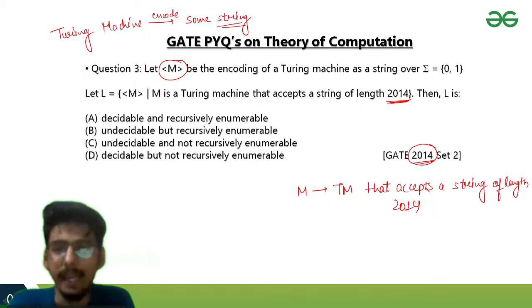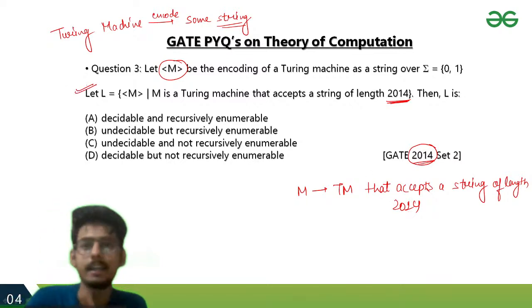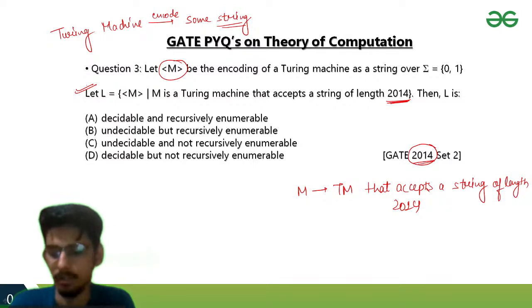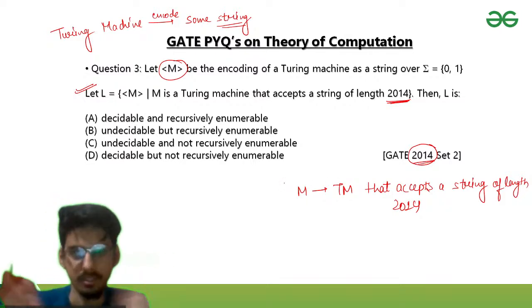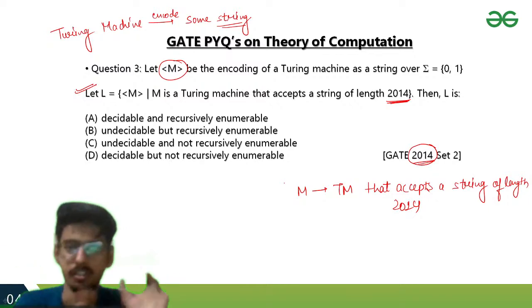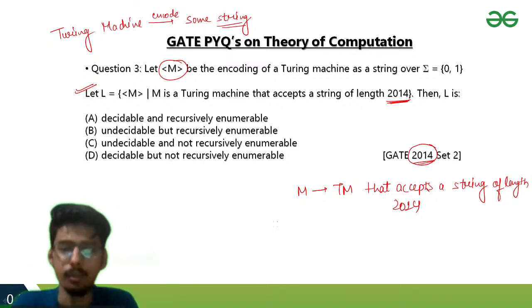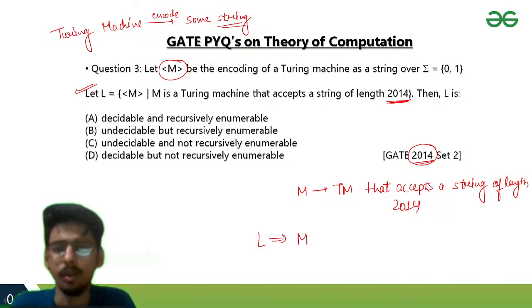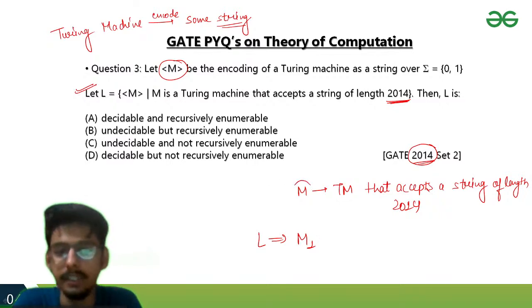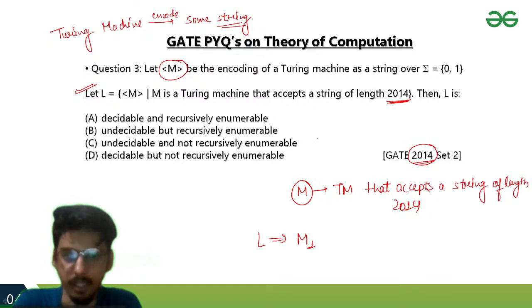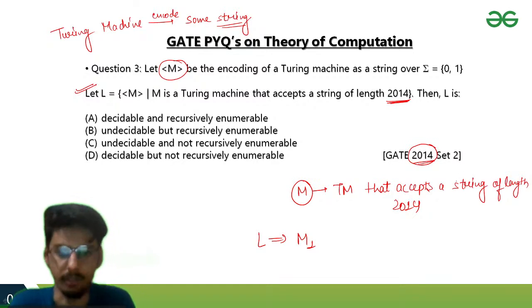Now L is a language which is a set of such M. There can be many such Turing machines, so L is a set of such Turing machines. I can denote this language L as another Turing machine, let's call it M1. This M1 is a set of all the Turing machines M which accept a string of length 2014.